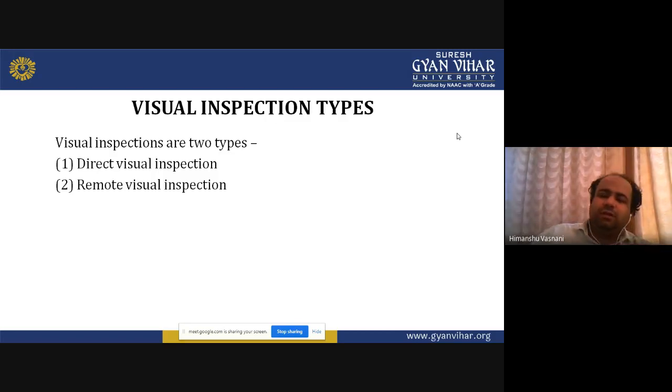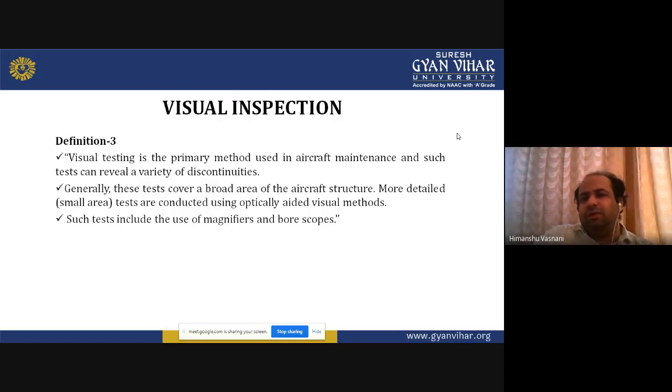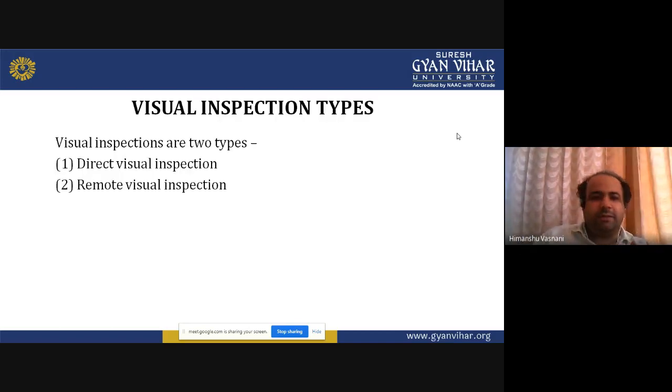So in these three ways, they have given you a broader definition of visual inspection. In every area, visual inspection holds its own style of working. Then again, visual inspection types can be direct visual inspection or remote visual inspection.